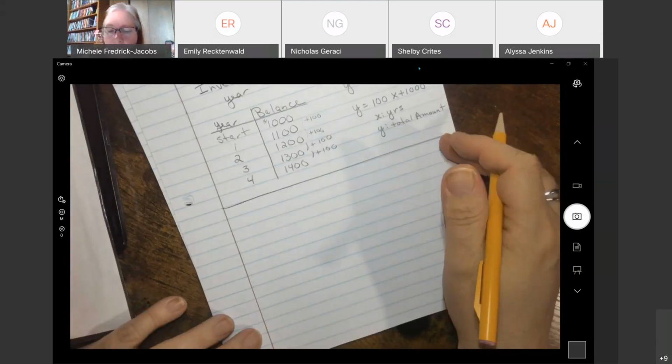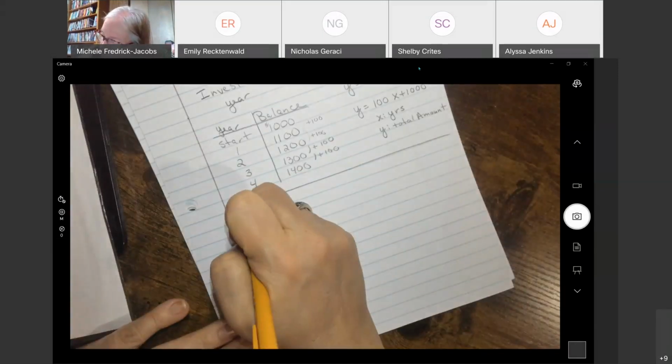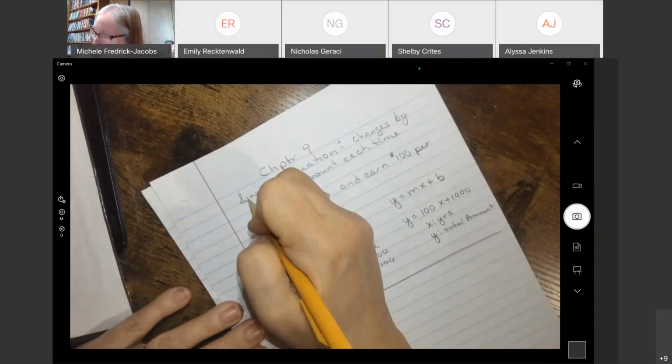The new one that this is going to add is exponential growth. So this was linear.